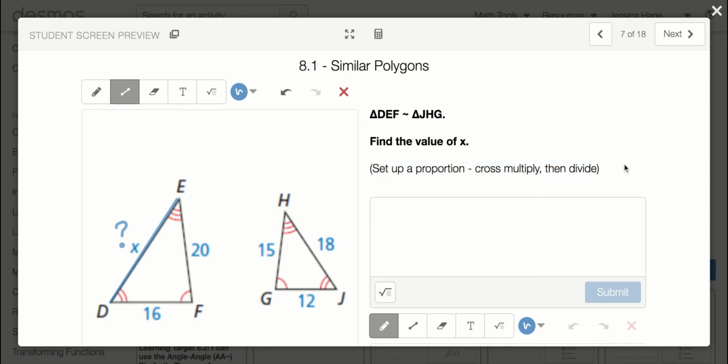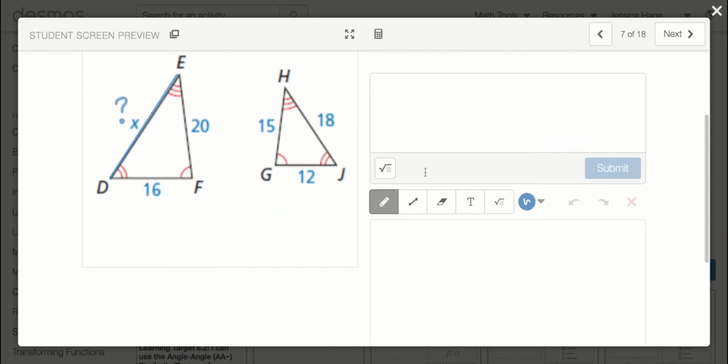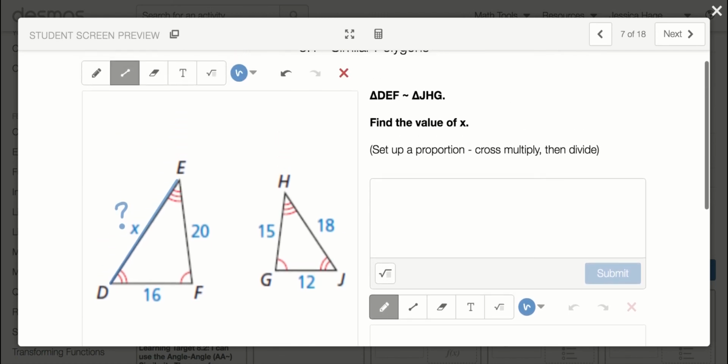We're going to cross multiply and divide to find X for our algebra. So we need to figure out what goes with X. So if we look and we color code our angles, we need an angle that has 2 loops, like angle D. And so the 2 loops over here is J. And you can also get that from your statement. D is the first letter, J is the first letter.